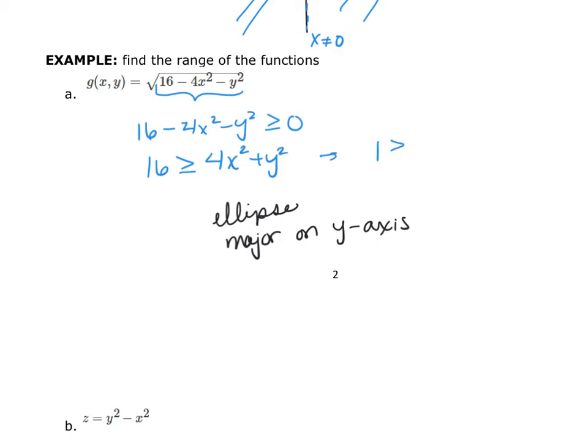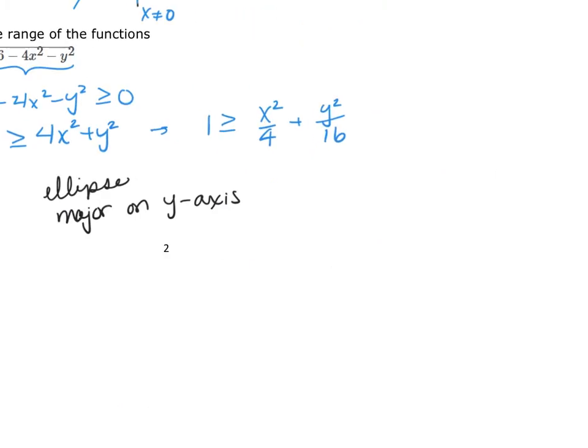So I have 1 is greater than or equal to, when I divide the first one by 16, x squared over 4 plus y squared over 16. And so this is an ellipse. I'm going to go 4 in the y direction and -4 in the y direction, and 2 and -2. I have equality, so I have this. So that is my graph.